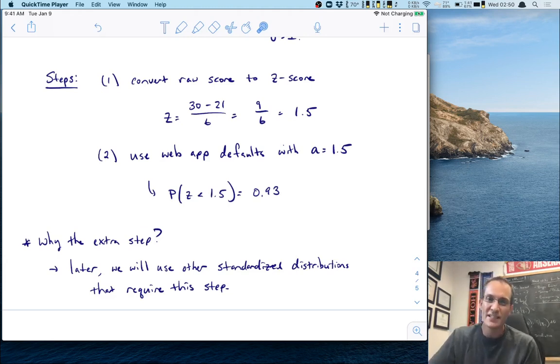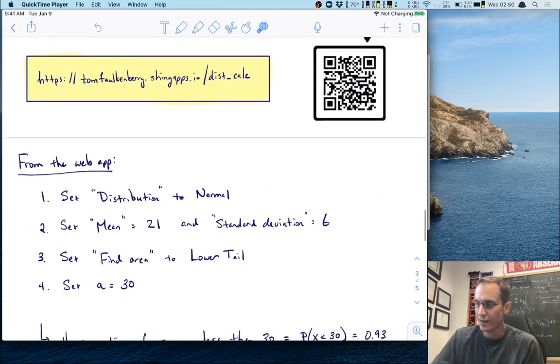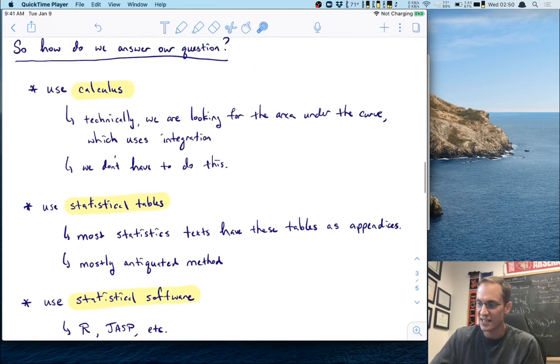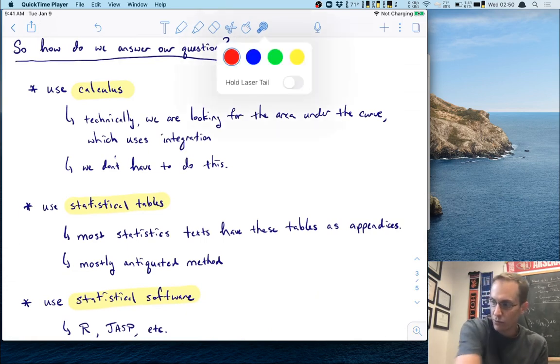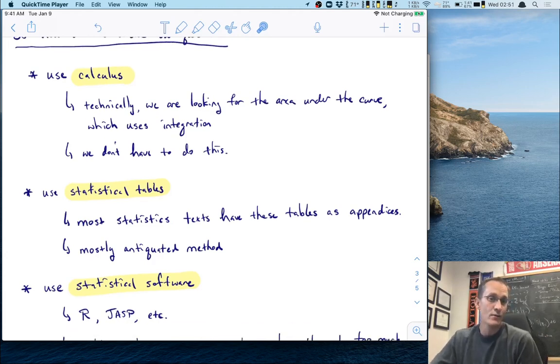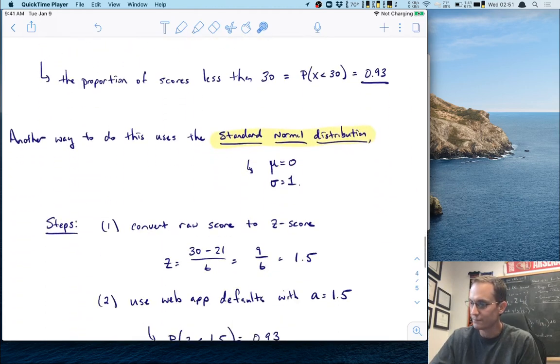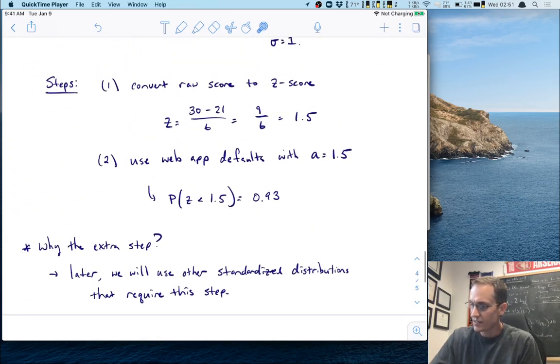And so it's good to get into the practice right now. And I will say this is the method that was used for the statistical tables method I mentioned above. This was exactly what you used to have to do because the statistical tables just gave you the standard normal distribution. They didn't give you any of the other special ones. So anyway, this is what we do.